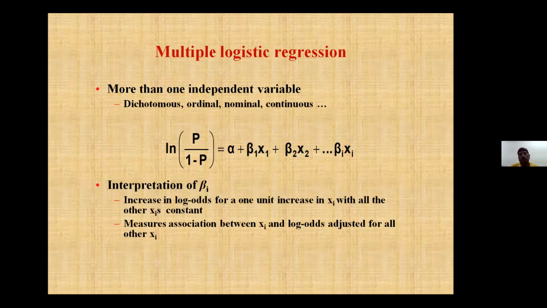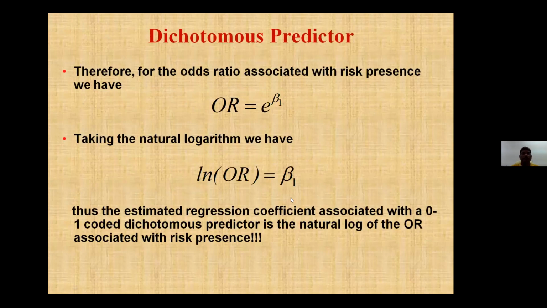If the independent variable is continuous, you can give only an estimate, but you cannot compare within the categories. So the increase in log odds for a unit, the same interpretation is there. For dichotomous predictors, the odds ratio associated with risk presence is OR equals e to the power beta 1.